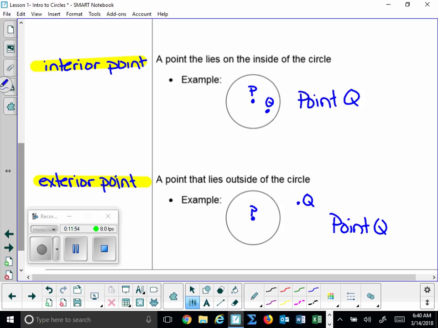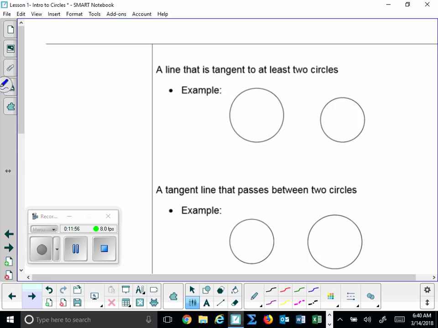Still not done with the vocabulary, ladies and gentlemen. A line that is tangent to at least two circles. Tangent, we're going to intersect in one point. So let's see how well I can draw this. There we go. One point to each circle.